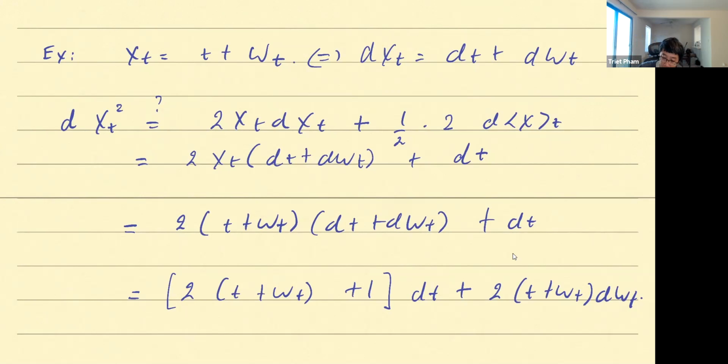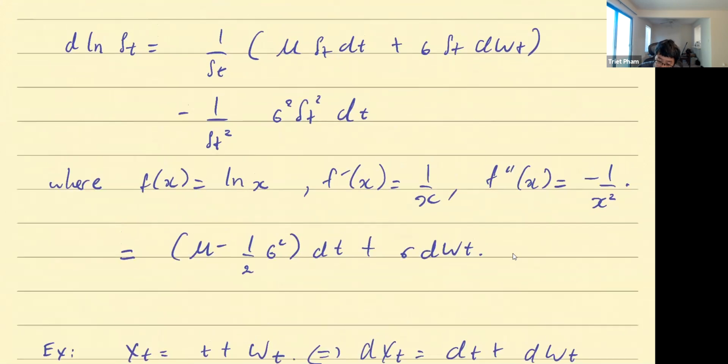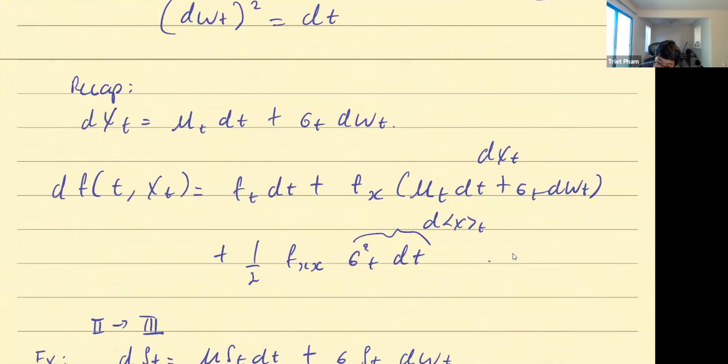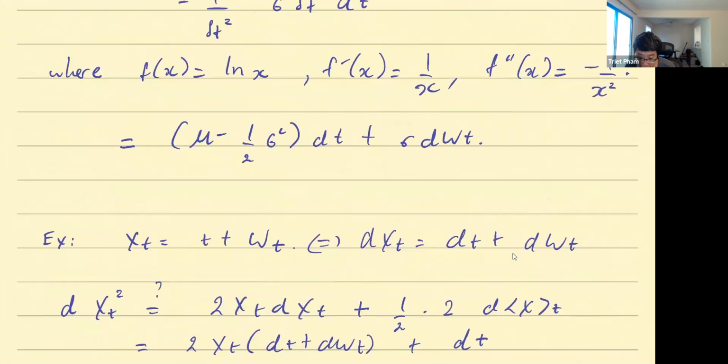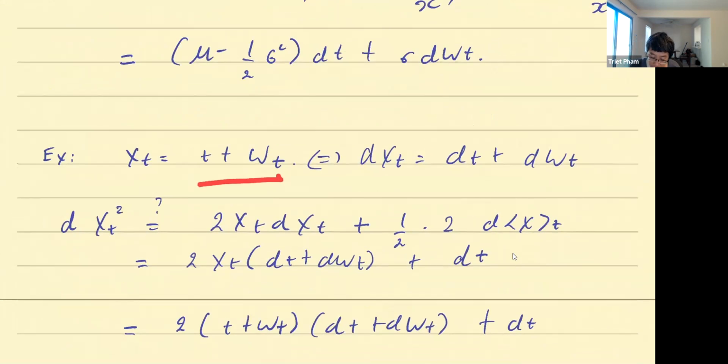Okay. So any question here? We obtained this from our last version of the Ito formula. There's nothing special, because X here is a very simple expression.